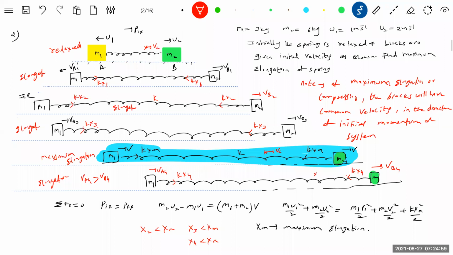In all the cases, the center of mass will continue to move as if nothing is happening. And the velocity of the center of mass should be equal to v.